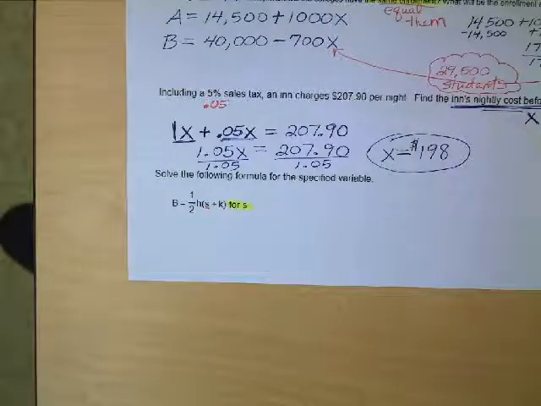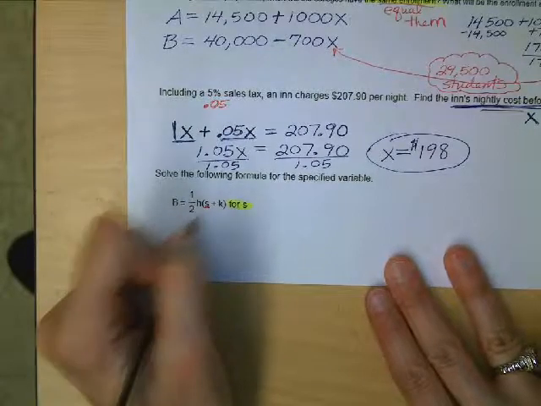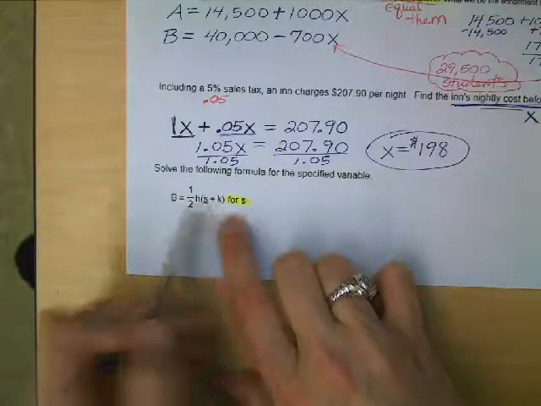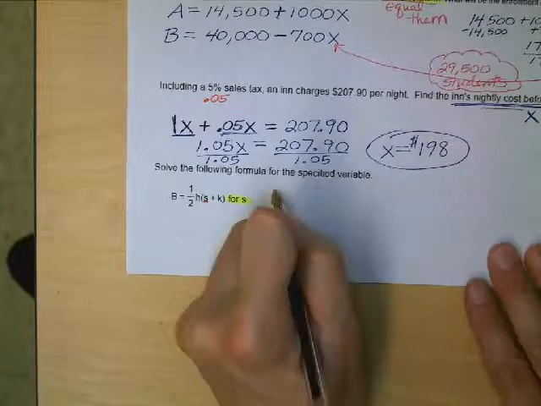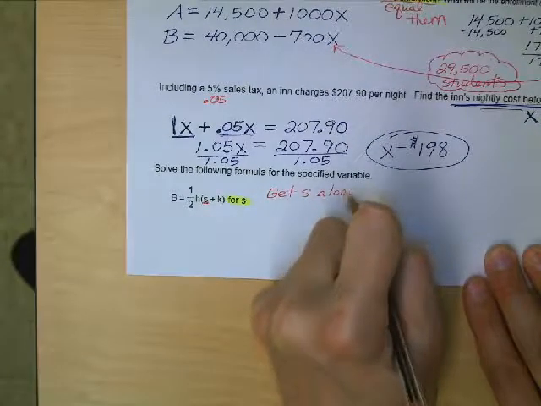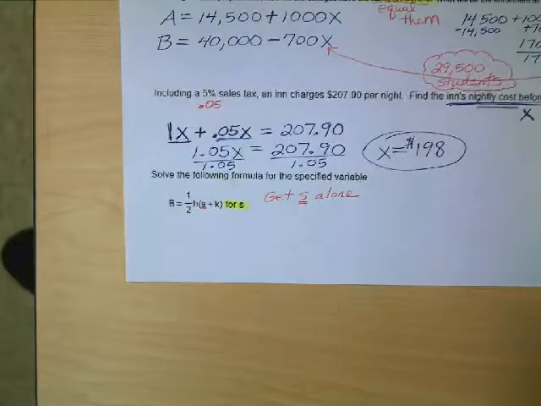You don't want this 1/2 h next to the s. You don't want the k over here. You're trying to solve for s. That means get s alone, right? That letter s, you're trying to get it alone by itself.